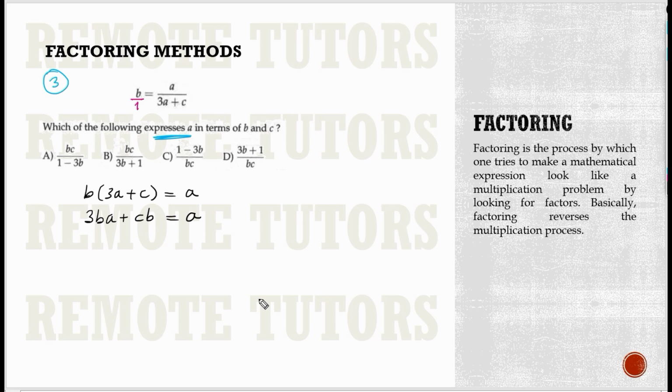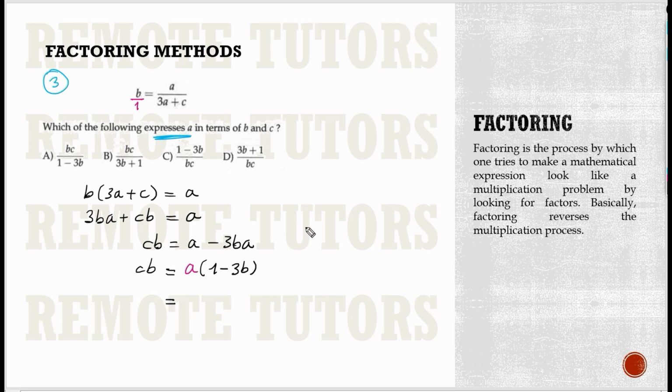Now we need to put together all the a terms on one side. So we will subtract 3ba from a. And what comes next is factoring. We pull out the common factor, which is a, and then we get a times 1 minus 3b.